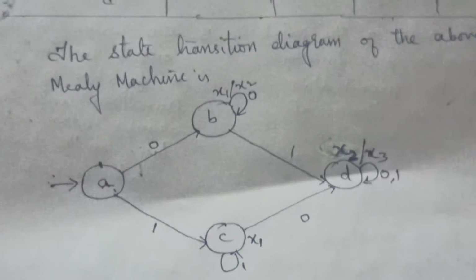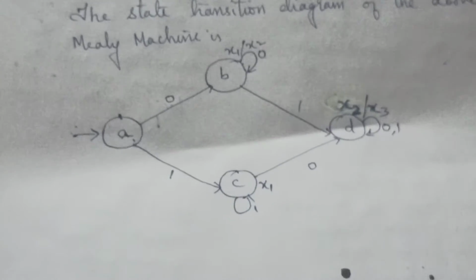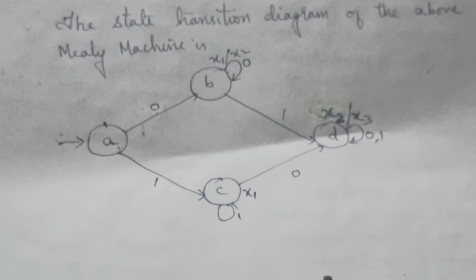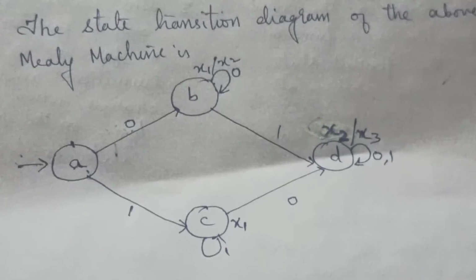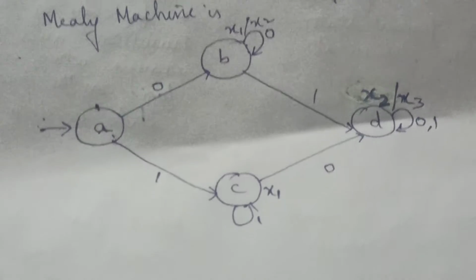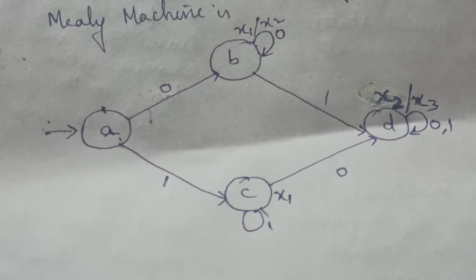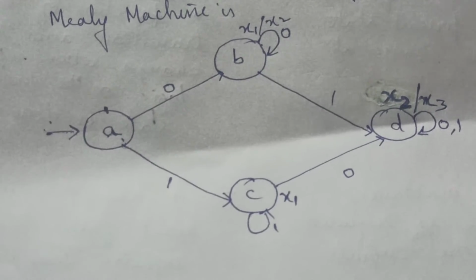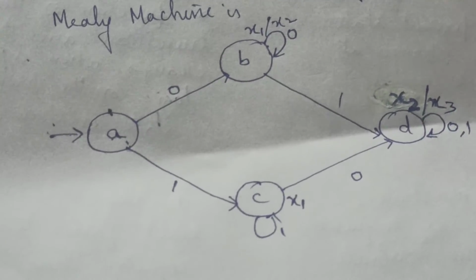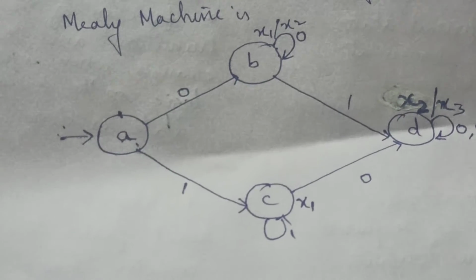Now based upon the transition table given, we have drawn the transition diagram. So you can see this clearly. See, A on input 0 it is changing to B and output is x1.